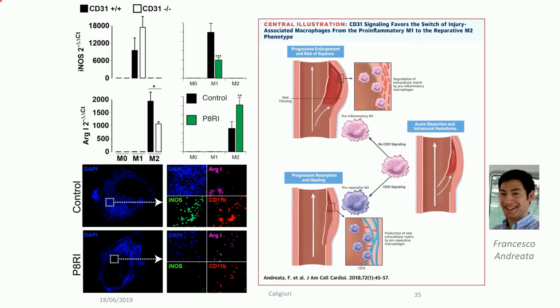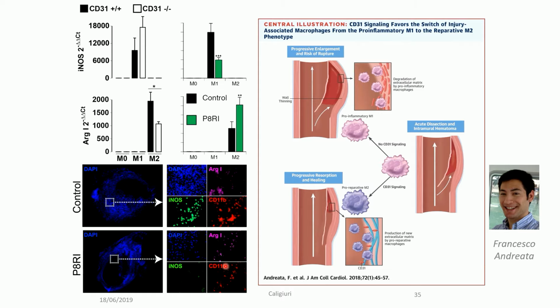These pro-inflammatory macrophages degrade the tissue, they don't build up. Whereas with my peptide, there was more arginase 1 and virtually no iNOS, meaning that the macrophages were forced to switch to M2 phenotype. And this can be explained because the switch is regulated by phosphatases.